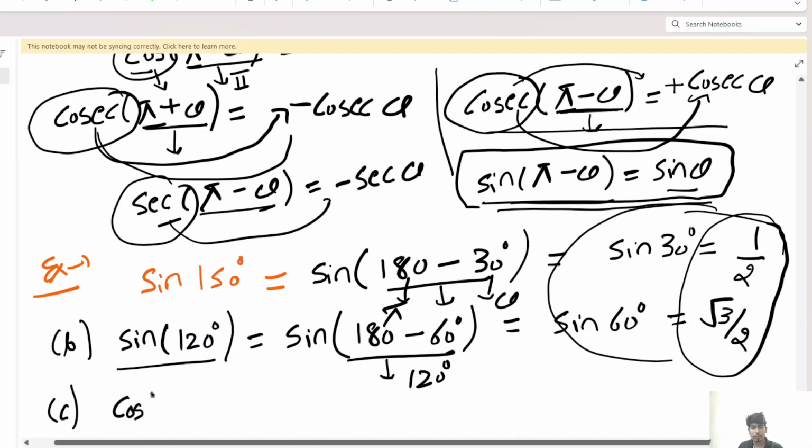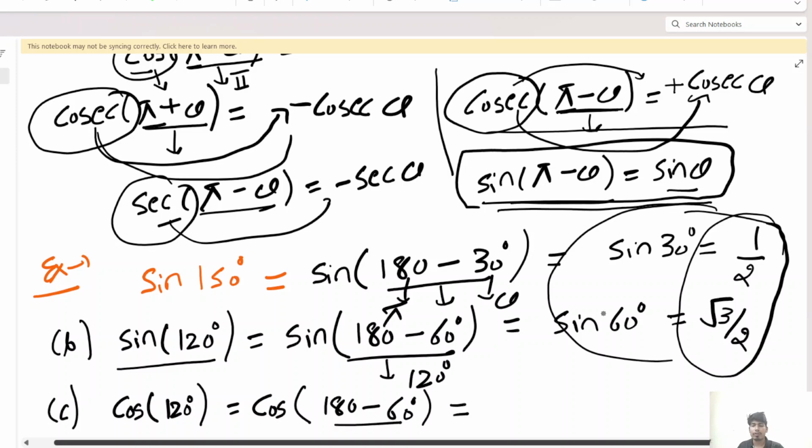What is our third part? It is cos of 120 degrees. We know the cos function is cos of 180 minus 60, because this is still 120, and we know cos of pi minus theta is minus cos theta.